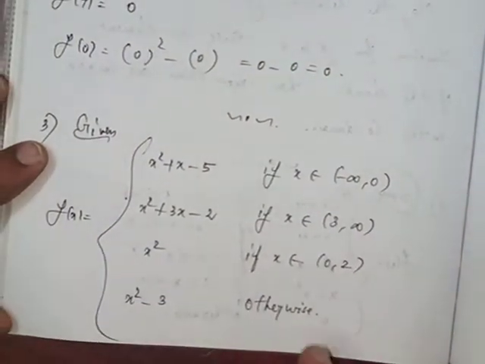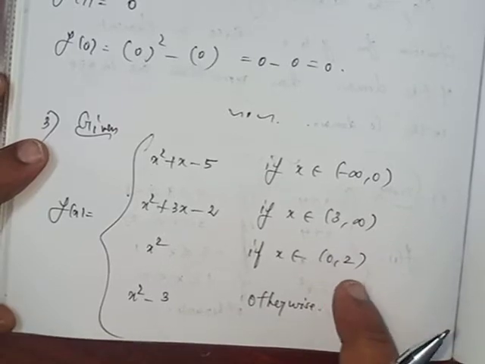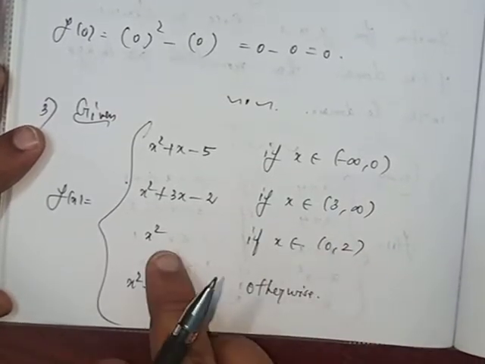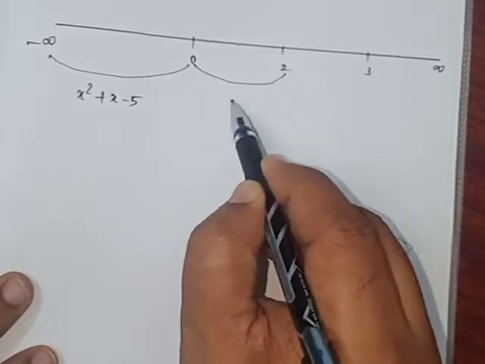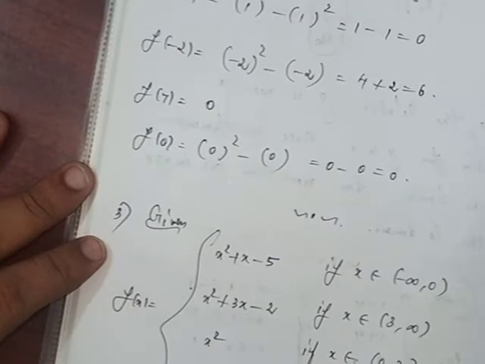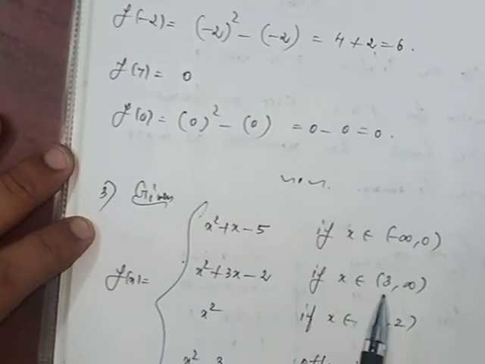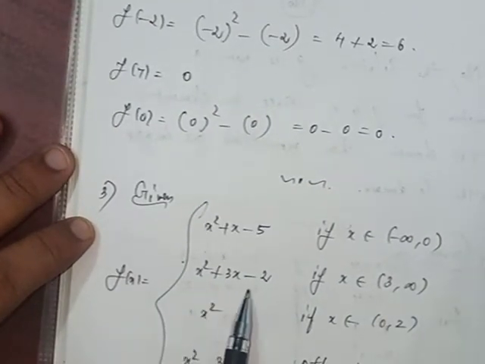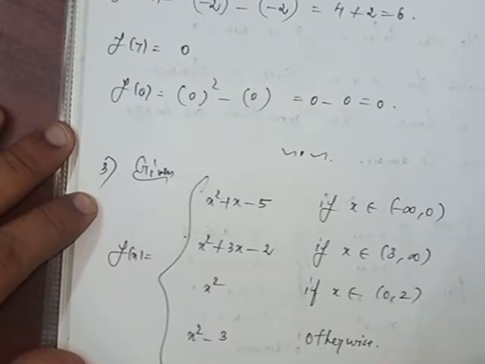Next, we have the interval 0 to 2, we have x square. Next one, 3 to infinity, we have x square plus 3x minus 2.